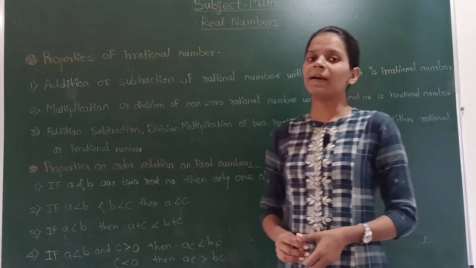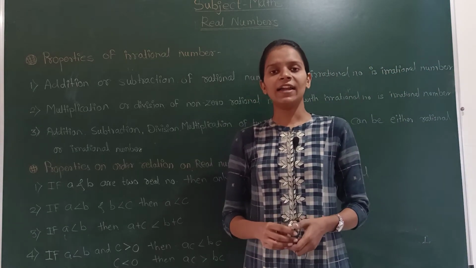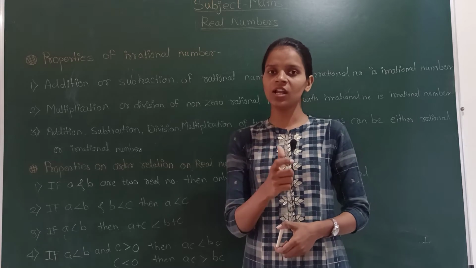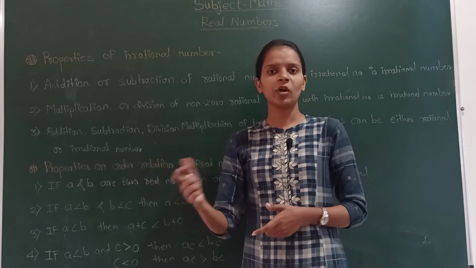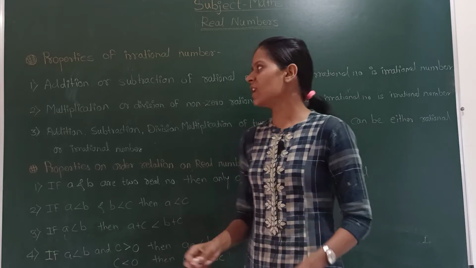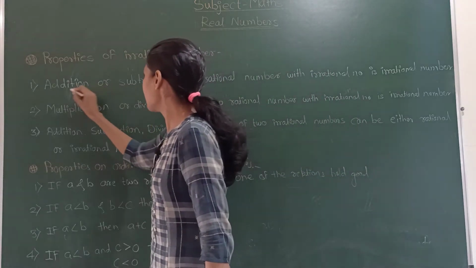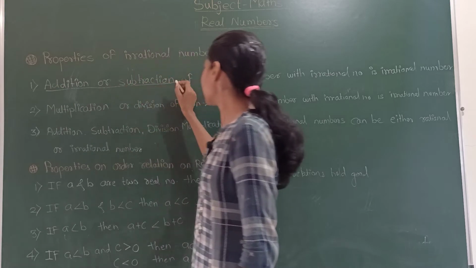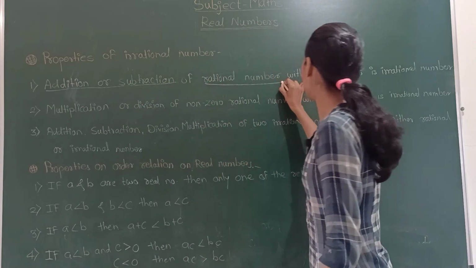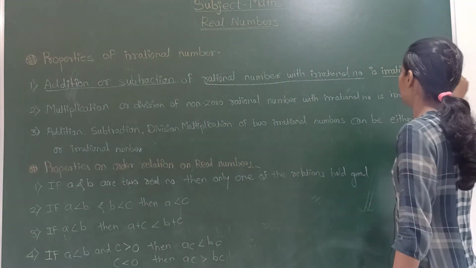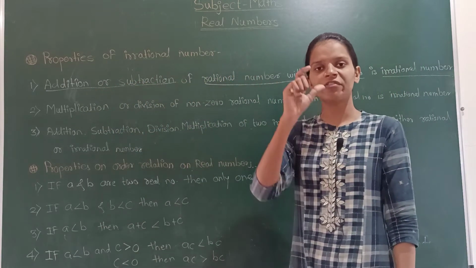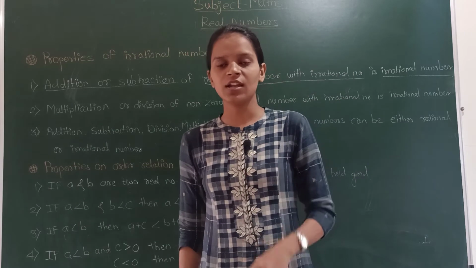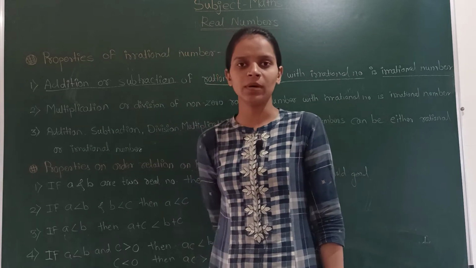If we do the mathematical operation addition and subtraction of rational number with irrational number, the result we will get will be an irrational number. We have to just keep in mind: addition and subtraction of rational number with irrational number is irrational. Okay? Addition or subtraction of rational number with irrational number is irrational number.